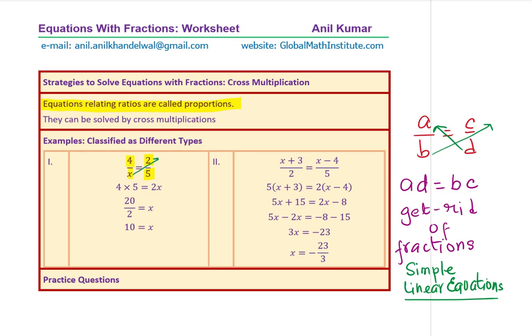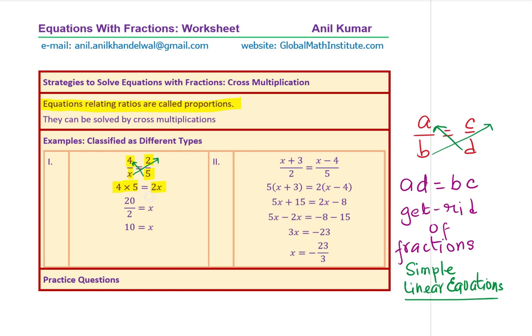Taking x on the right hand side, numerator, and 5 on the left hand side, what do we get? We get 4 times 5 equals to 2x. Simple as that.